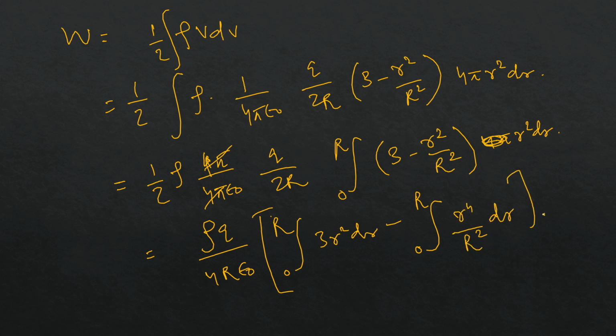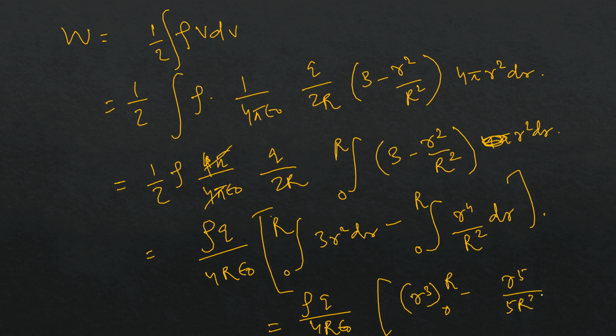Is that alright? Okay. So rho q by 4 r epsilon naught, r cube 0 to r minus r5 by 5 r square 0 to r. Okay.